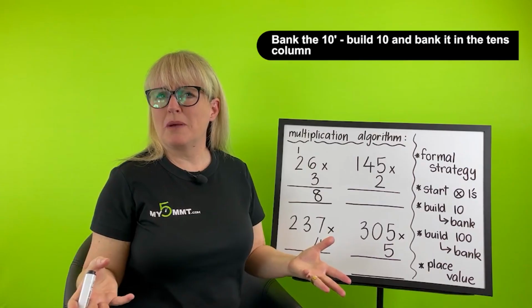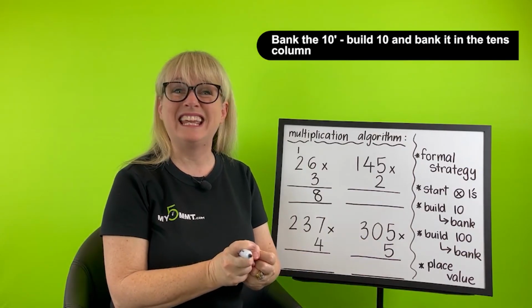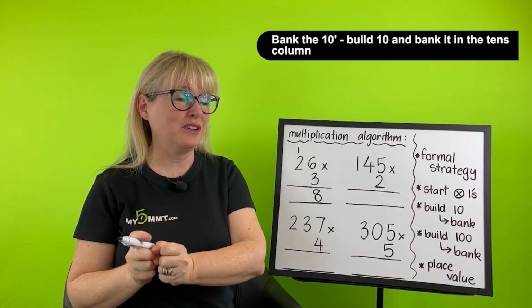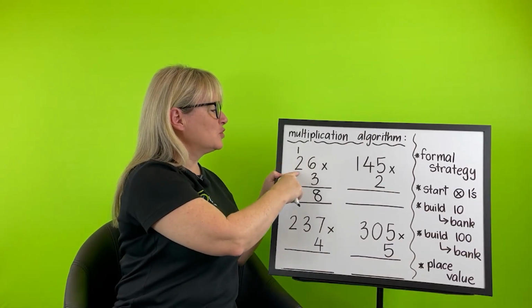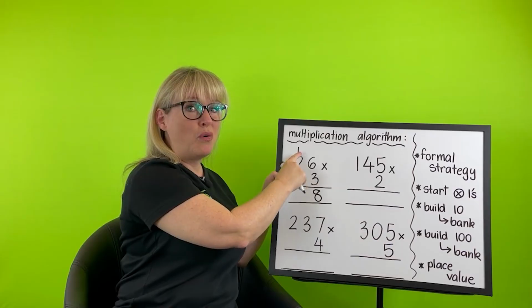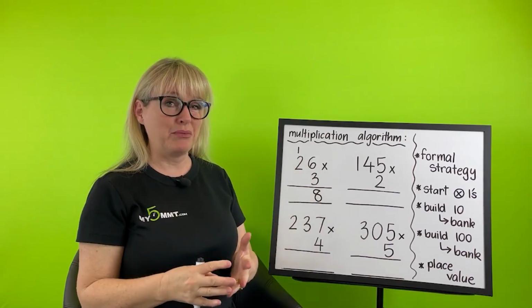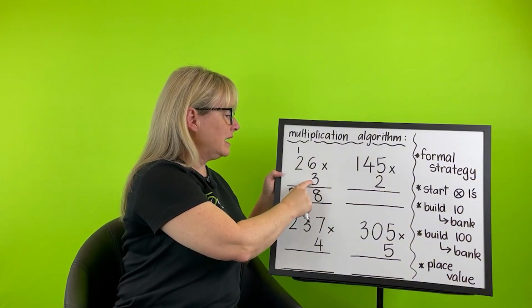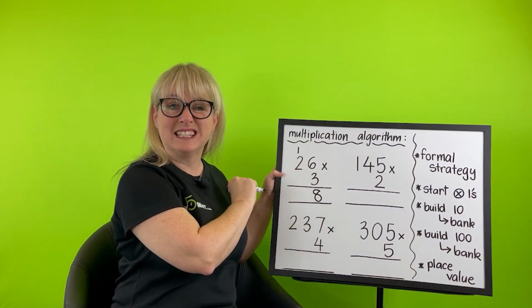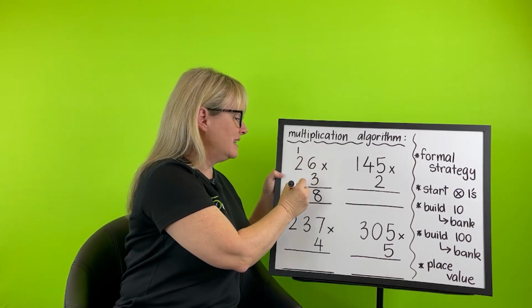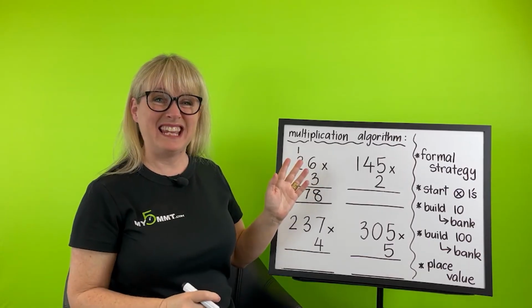I use the term banking because we've built 10 in the number 18, and we put the 10 over in the tens column. Now that doesn't change 26 to become 12. It also doesn't add to the 2 and become 3. What I say is 3 times 2 tens is 6 tens, and I add one more 10 to make 7 tens, and that's how I get 78.